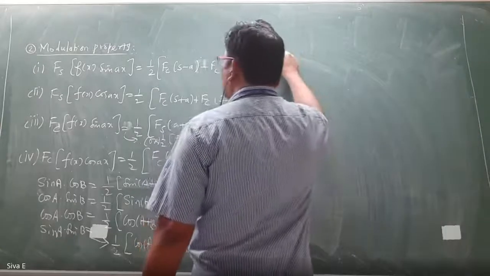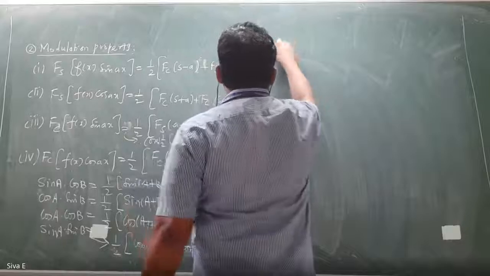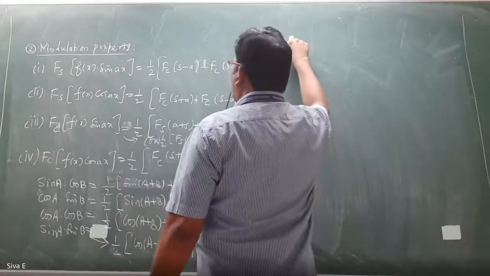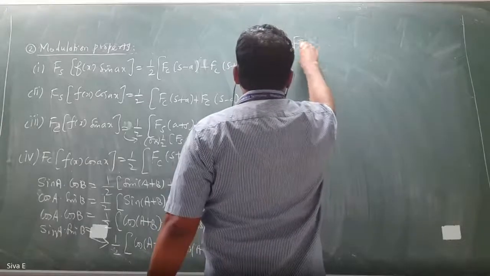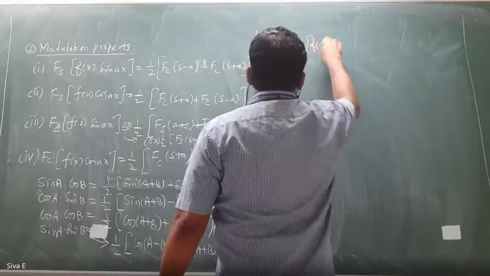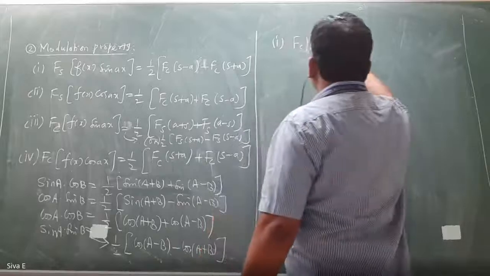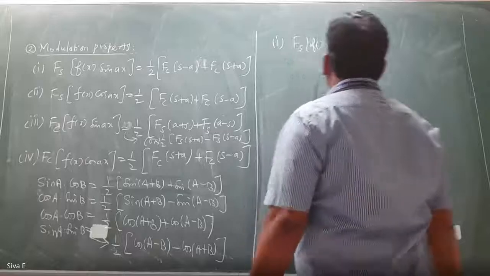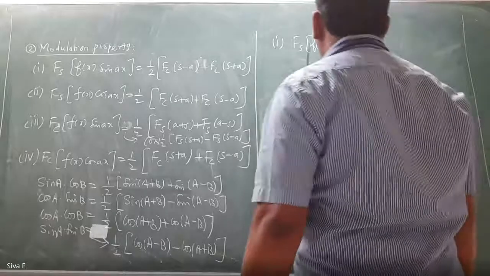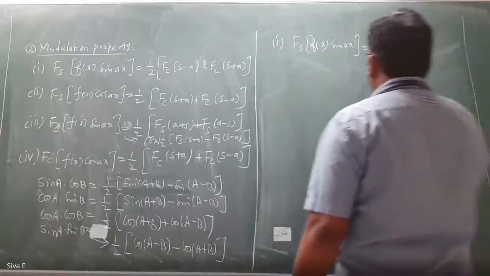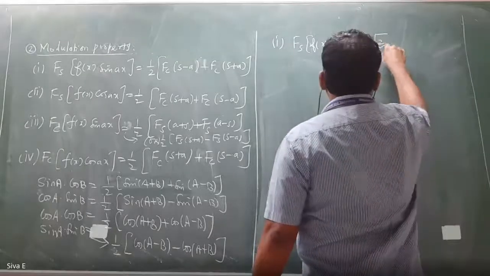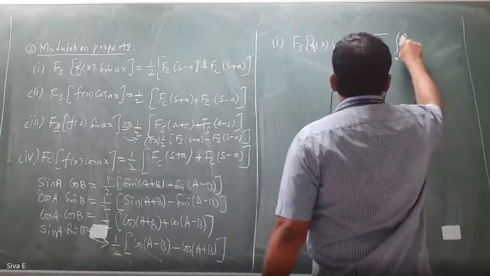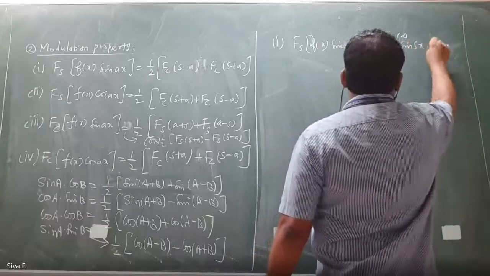So, first one is the Fourier sine transform of f of x equals sin ax. The Fourier sine transform is root 2 by pi integral over 0 to infinity sin sx into f of x dx.